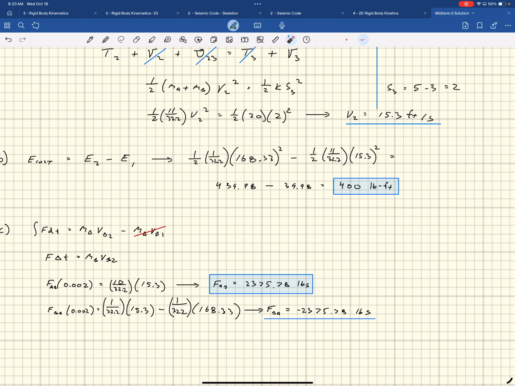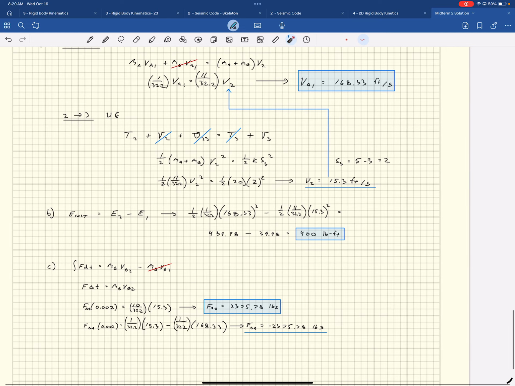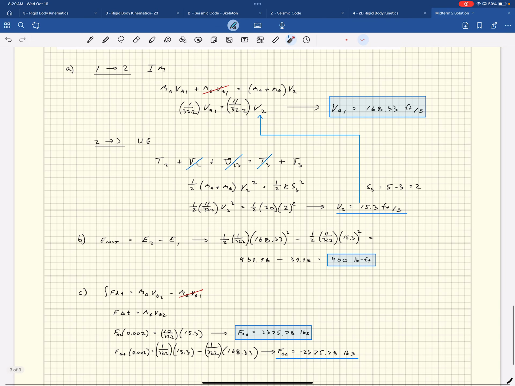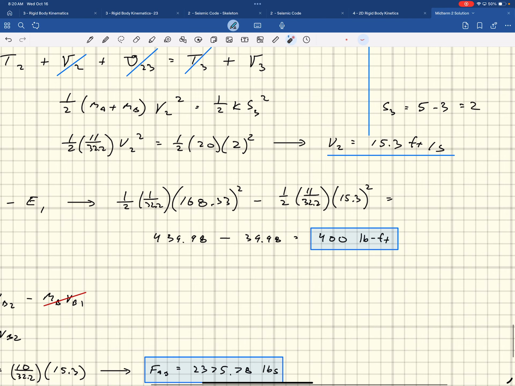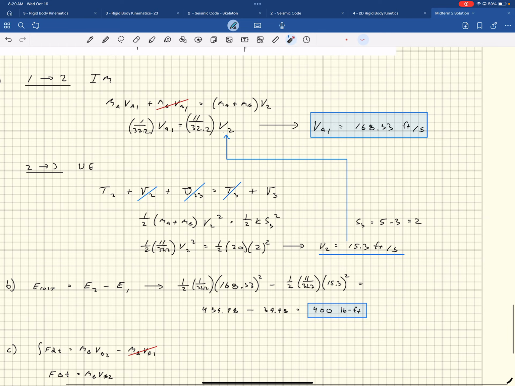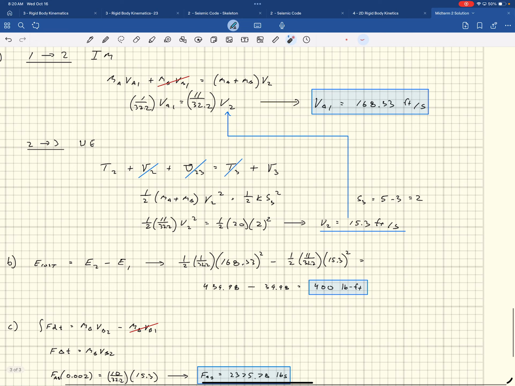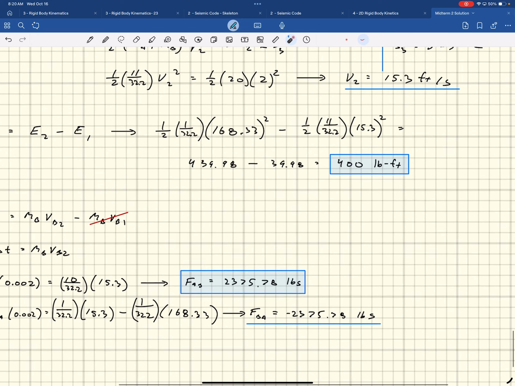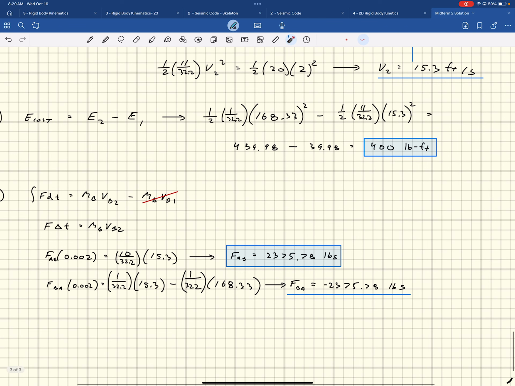The energy lost, you just look at the energy before the collision and the energy after the collision, right? The energy before the collision is, oh, we don't have it there, but it is just 1/2 mv squared, right? That's the energy before the collision.